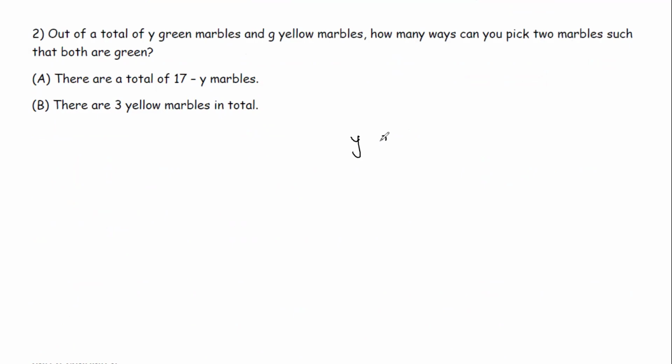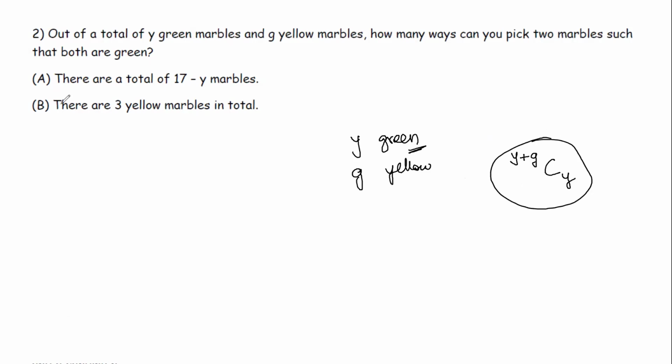So Y green marbles, G yellow marbles. Out of Y and G marbles, how many ways can you pick two marbles such that both are green? Basically, this is the answer that we are looking for. So this is what we need to locate.